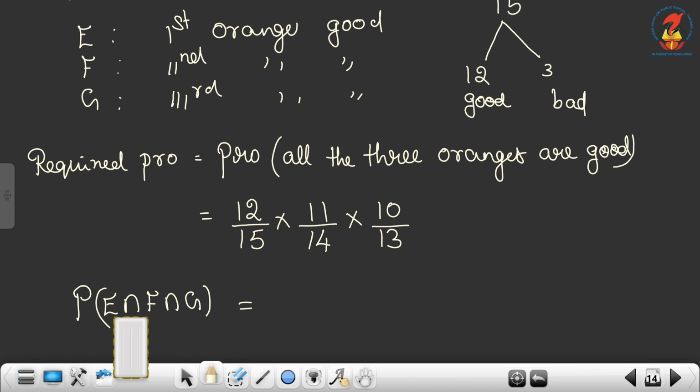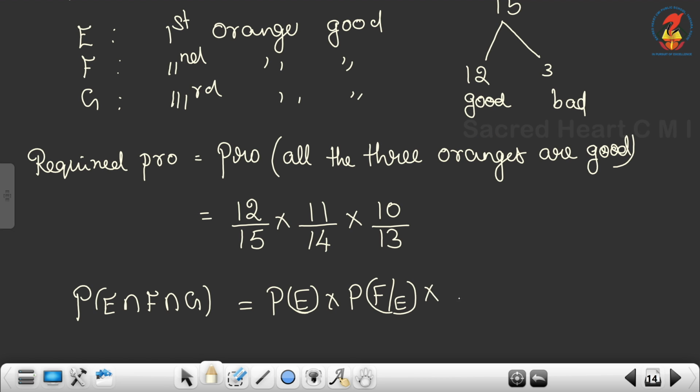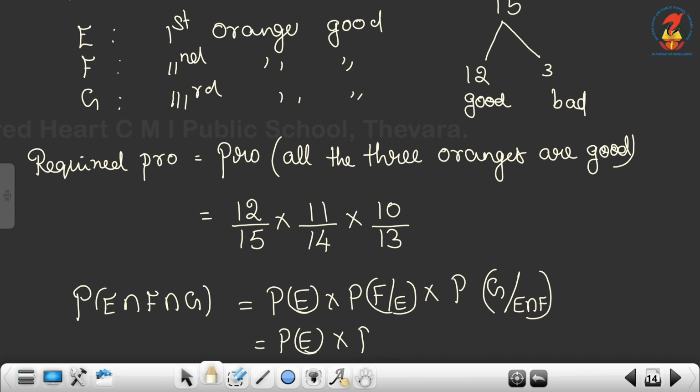If three events are there, it is P of E into P of F given E, then one more event, G given E intersection F. P of F given E means after E, F happens. Instead of the intersection symbol, we can write EF, that means intersection.